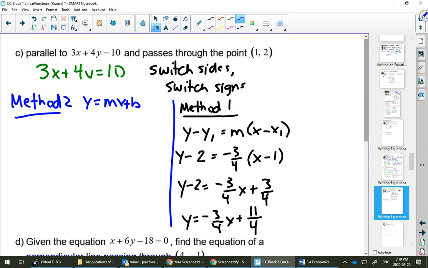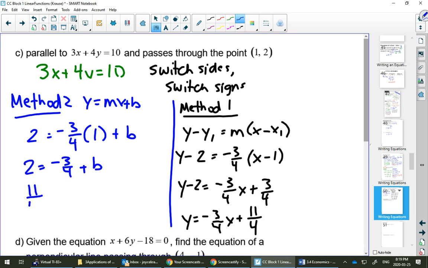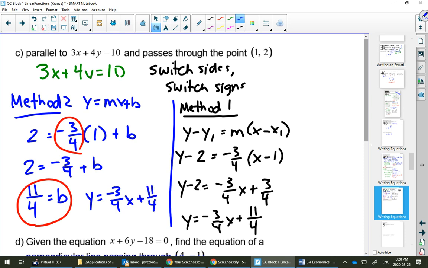So our y value is 2, our m value is negative 3 over 4, and our x value is 1. So 2 equals negative 3 over 4 plus b. 2 plus 3 over 4 is going to give me 11 over 4. Again, once I know my slope, which was negative 3 over 4, and my b of 11 over 4, I can write my equation. So y equals negative 3 over 4x plus 11 over 4.